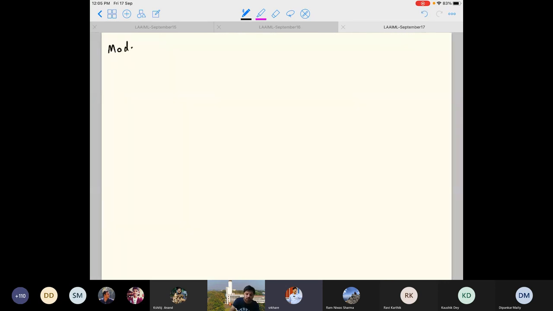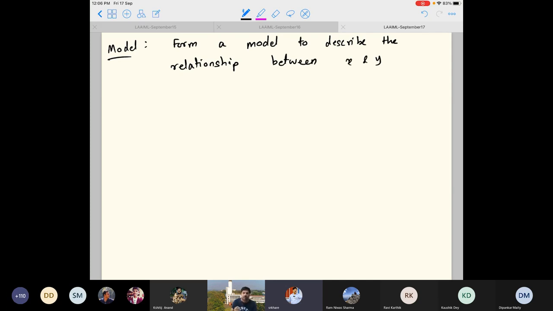We will form a model, or find a model to describe the relationship between x and y.